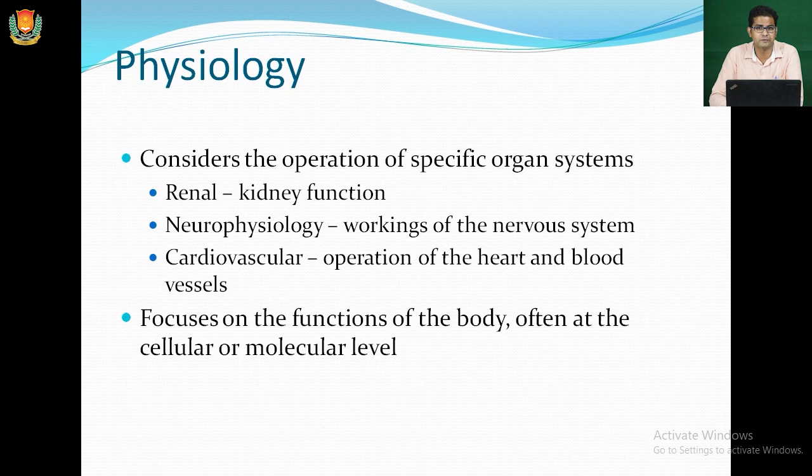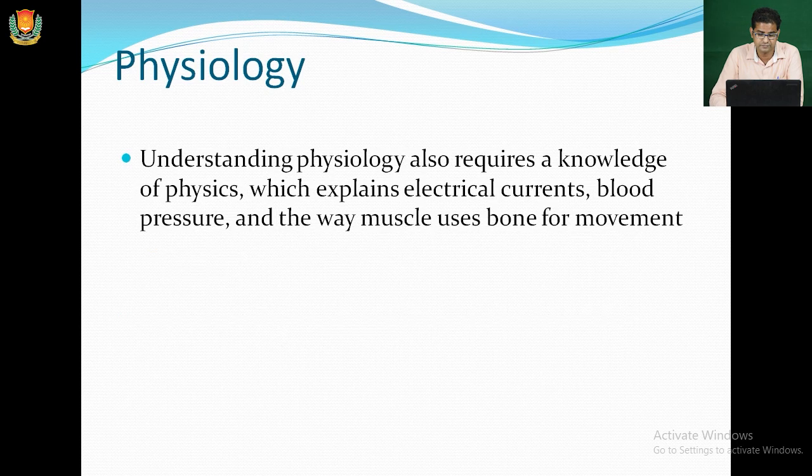Next is the cardiovascular system. Since the heart is the major organ, it receives as well as supplies blood to the whole body. These concepts, how the heart functions, how deoxygenated blood is received by the heart, and oxygenated blood is transmitted again by the heart to the whole body, will be focused on within this unit.